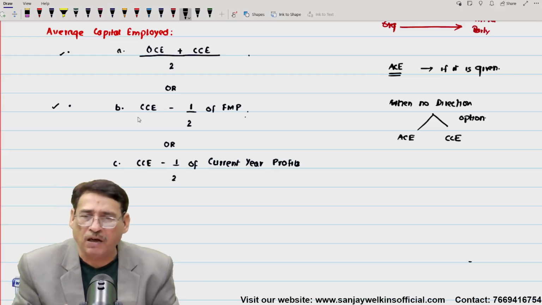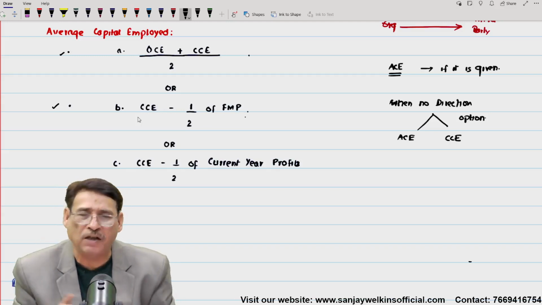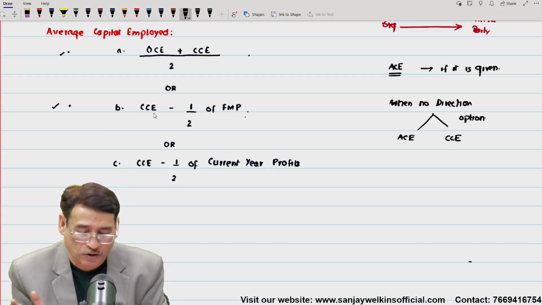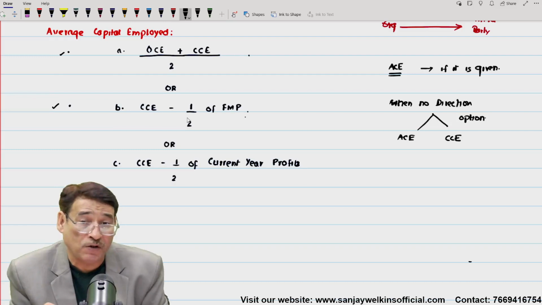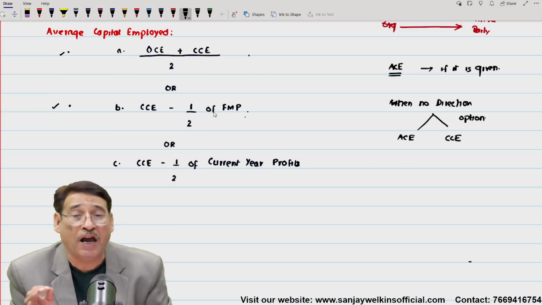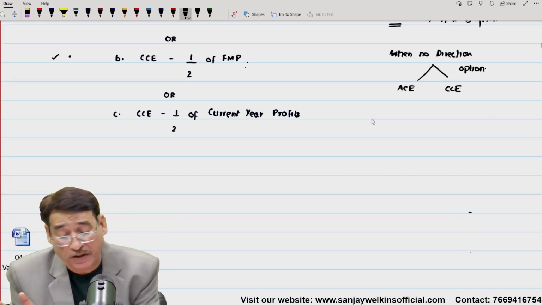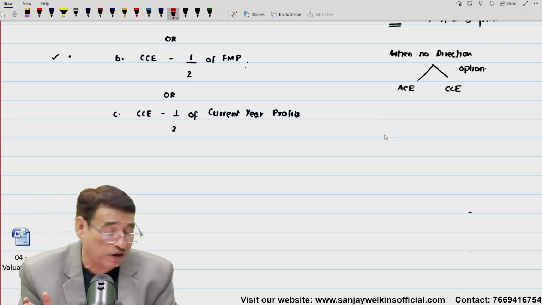Because we are given the balance sheet, and the balance sheet contains the closing items. And from the closing capital employed, I will subtract 1/2 of future maintainable profit, and then I will get the average capital employed. I will try to explain with a simple example this point which I just wanted to stress.